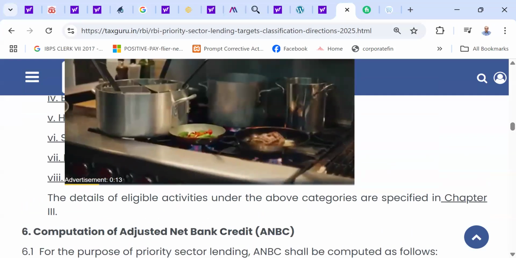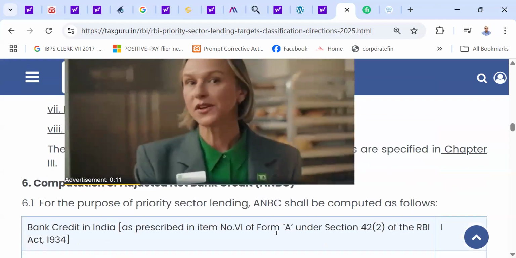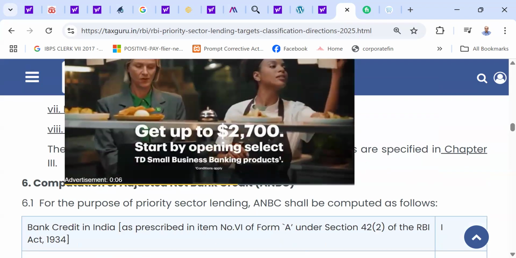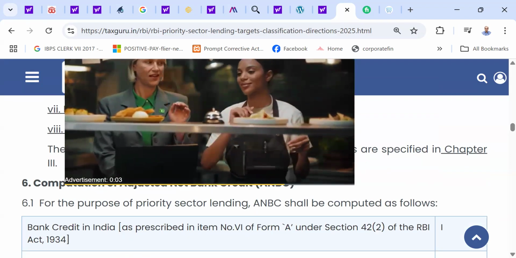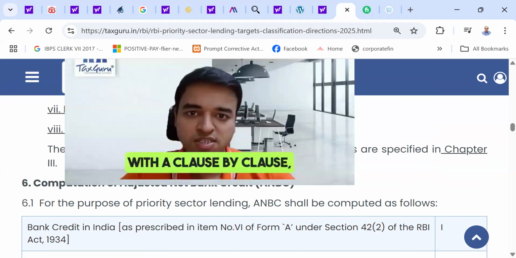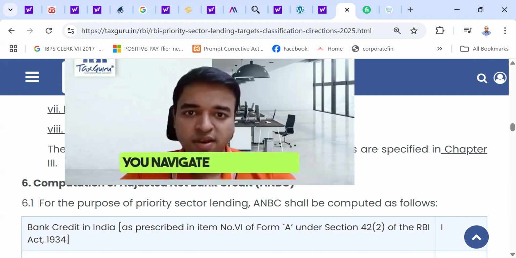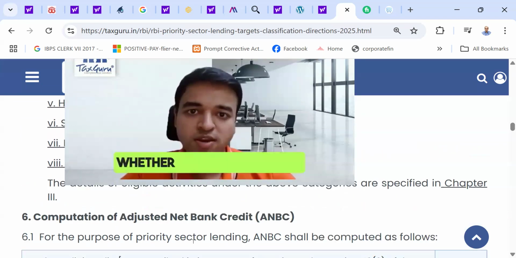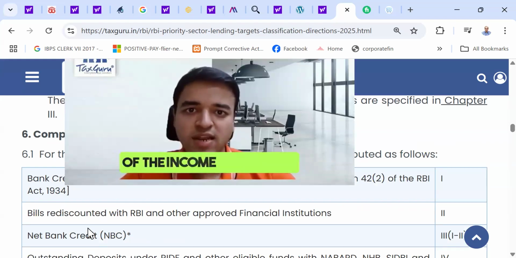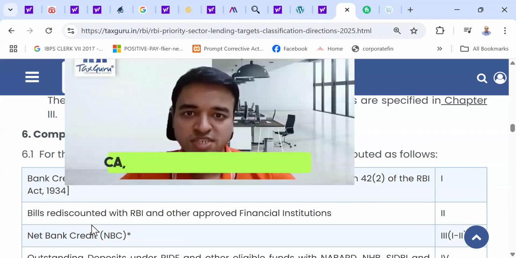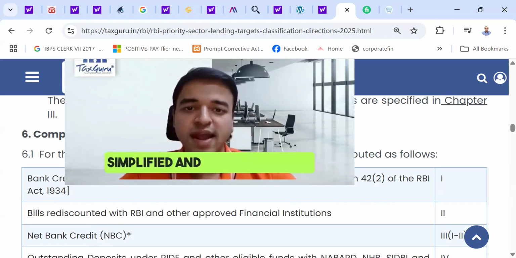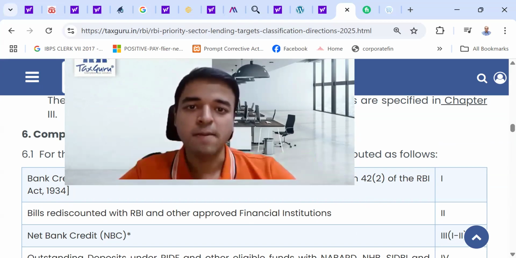For computation of adjusted net bank credit: for the purpose of priority sector lending, ANBC shall be computed as follows. One, bank credit in India as prescribed in item number 6 of Form A under Section 42 of the RBI Act 1934. Two, bills rediscounted with RBI and other approved financial institutions. Net bank credit is 1 minus 2.